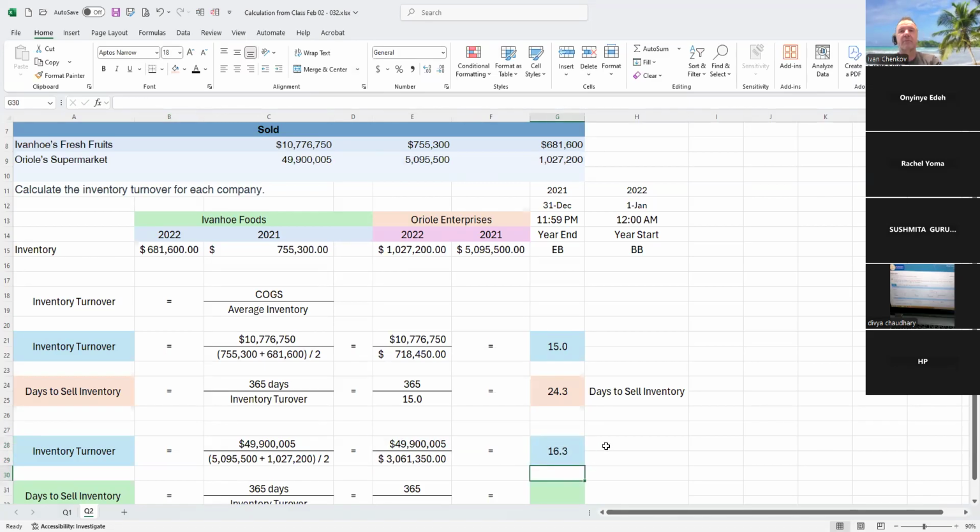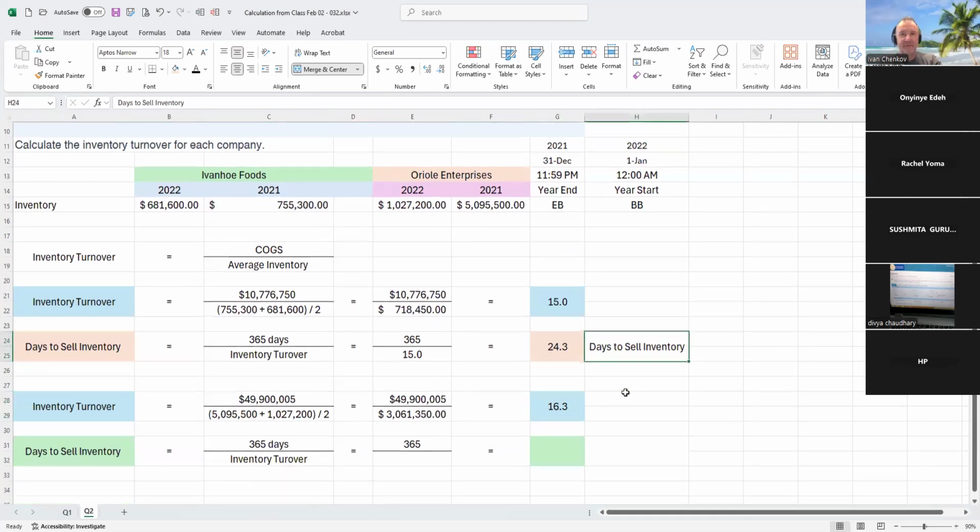Is this company going to be better than the first one in terms of days to sell? What happened with the number? Think about it. Inventory turnover goes up, so what's going to happen with the days to sell? It will be better, because turnover is what we're chasing here. We're chasing a high number.